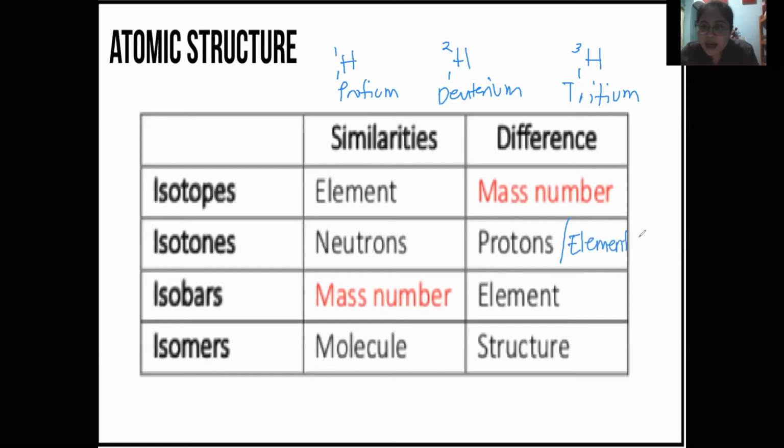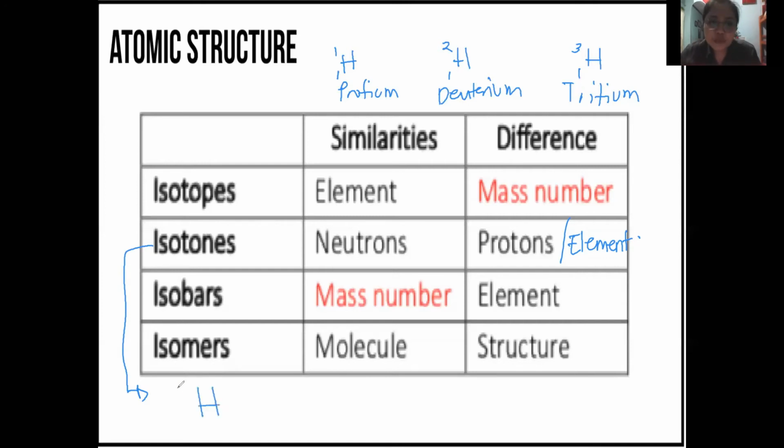Again, pag nag-iba ang number ng protons, it means ibang element na yun siya. Kaya lang, pareho sila ng number ng neutrons. Ang tawag natin dyan, isotones. So, let's have an example. Isotones. Magkapareho sila ng neutrons, like this one.